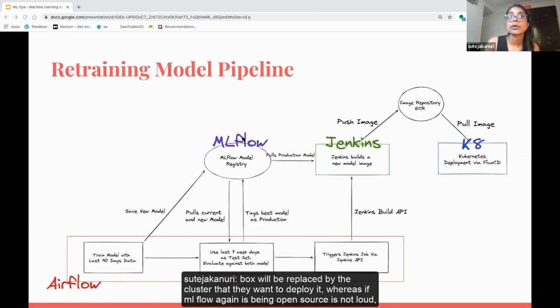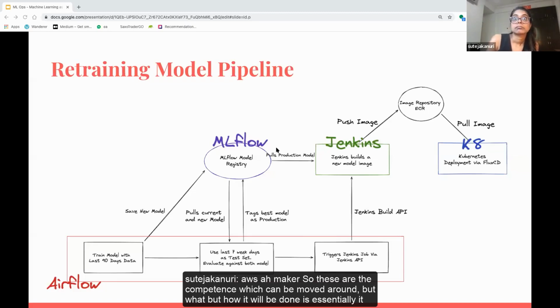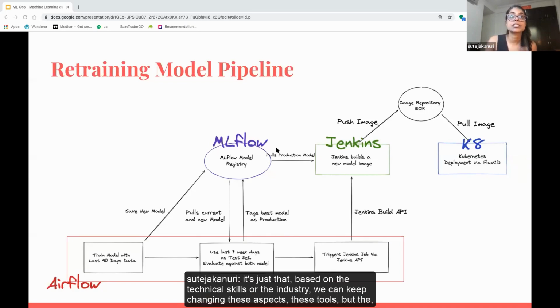Whereas if MLflow being open source is not allowed, this can probably be replaced by Databricks MLflow or AWS SageMaker. So these are the components which can be moved around, but how it will be done essentially remains the same. It's just that based on the technical skills or the industry, we can keep changing these tools, but the crux of it remains the same.